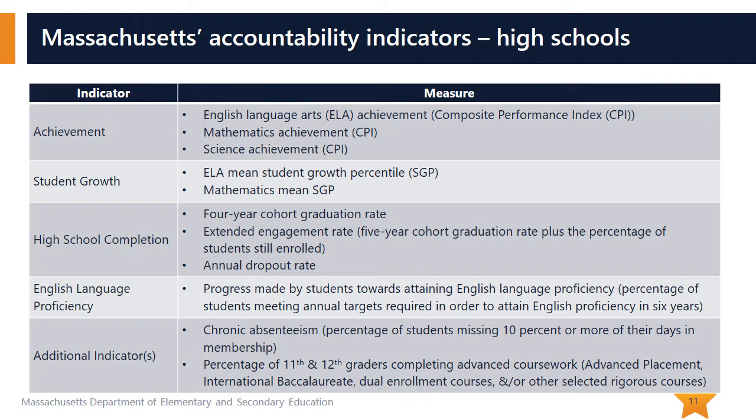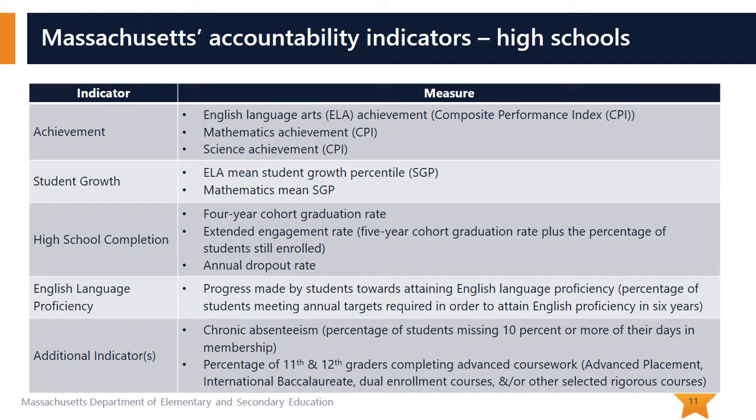There are 3 different measures of high school completion that are also included. They are the 4-year cohort graduation rate, the extended engagement rate, and the annual dropout rate. ESSA requires that states use the 4-year cohort graduation rate. We will also continue to use the annual dropout rate.